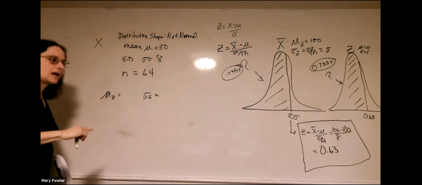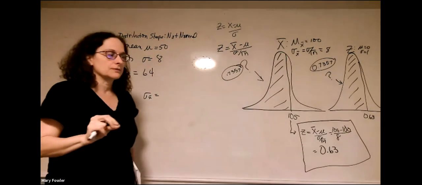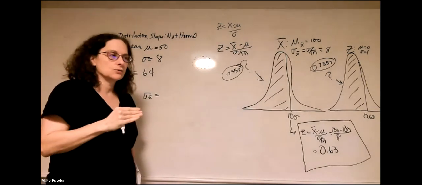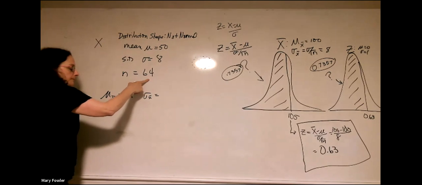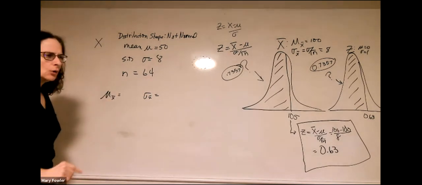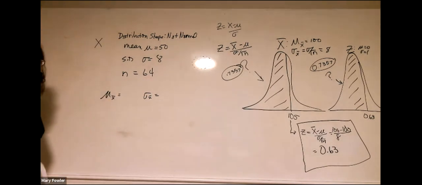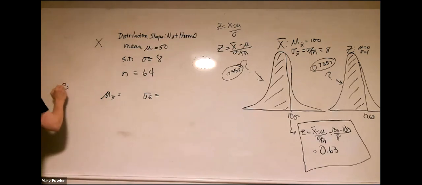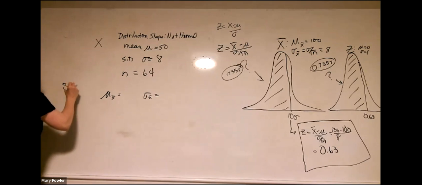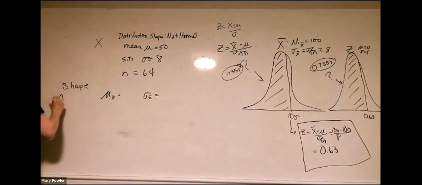That means we are on the 3rd row of the table, because the shape is not normal, but the sample size is greater than 30. So we're in the 3rd row, and the shape of the distribution of x bar is approximately normal.